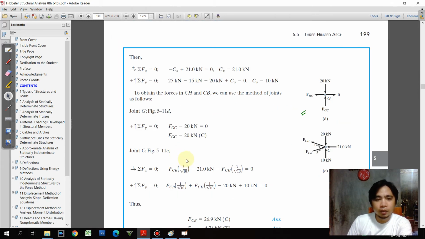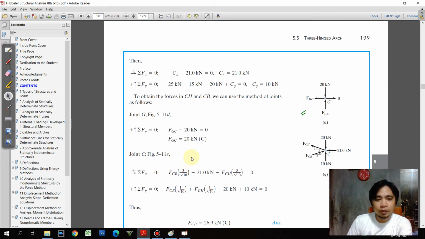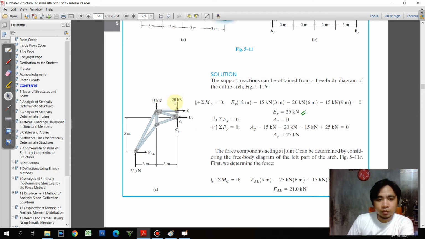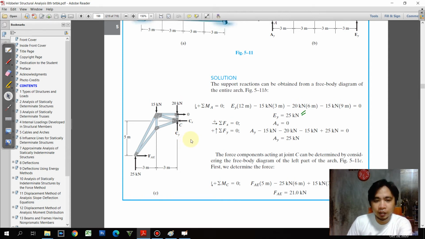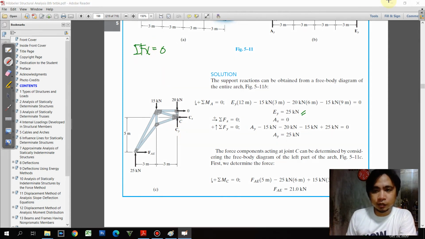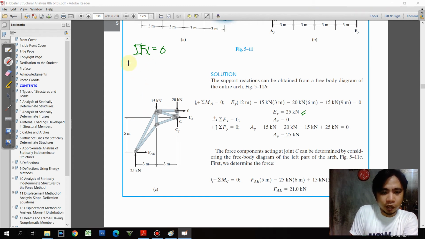Okay, and then we are going to perform summation forces X and Y. So we go back to summation forces X and summation forces Y. We have rightwards FAE. By the way, FAE is obtained to be 21.